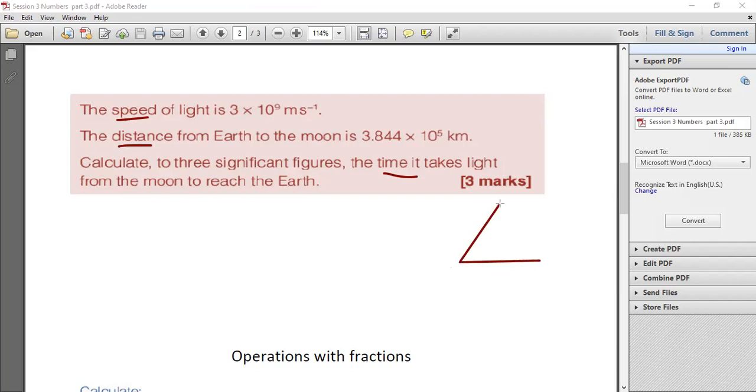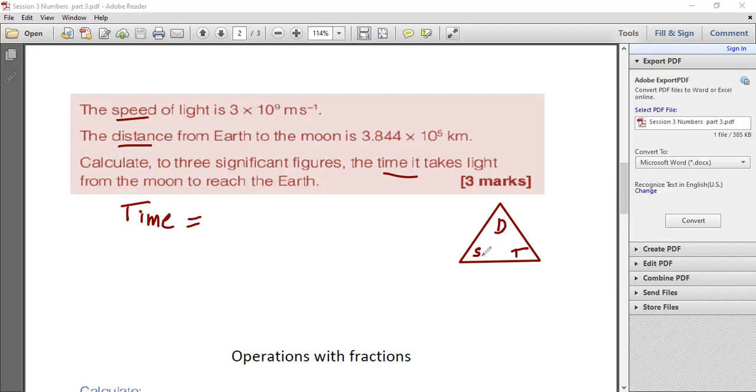I didn't take physics. I guess time is distance over speed.